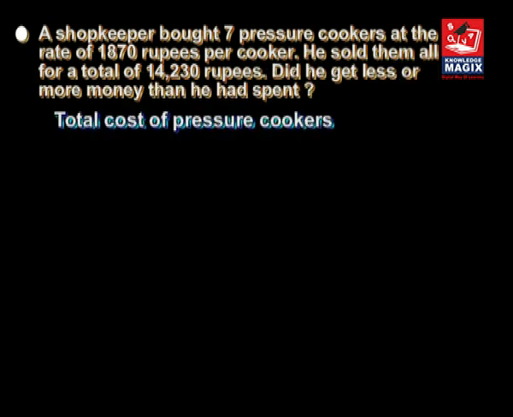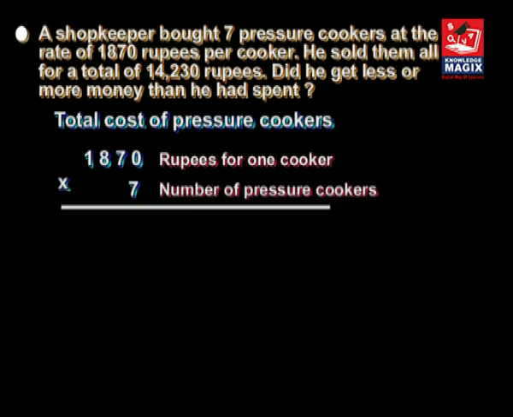First we'll find out the total cost of pressure cookers. 1,870 rupees for one cooker into 7 number of pressure cookers. The multiplication is 13,090. So 13,090 rupees for all pressure cookers.